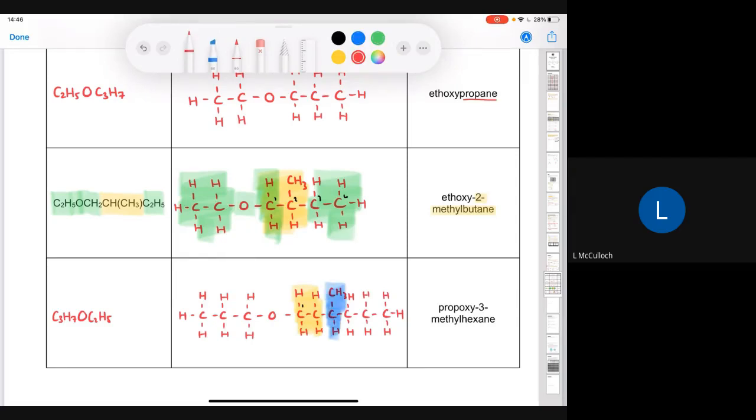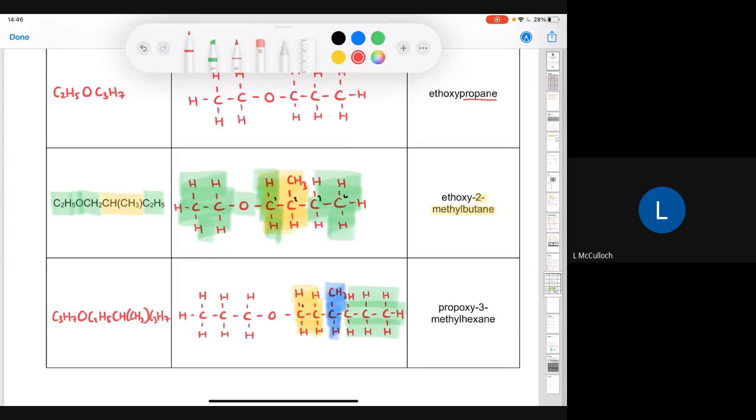So we're going to do CH, then bracket CH3, and then the rest of it is a bit more straightforward. That's just 3 carbons, 7 hydrogens. So we will just write that as C3H7 at the end. So definitely a bit trickier for that one there.